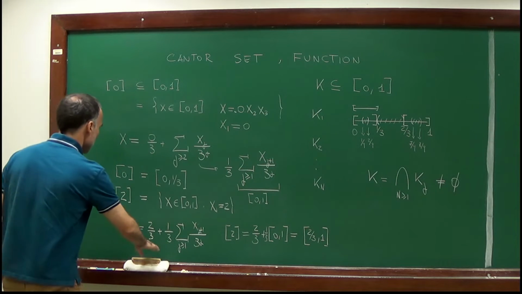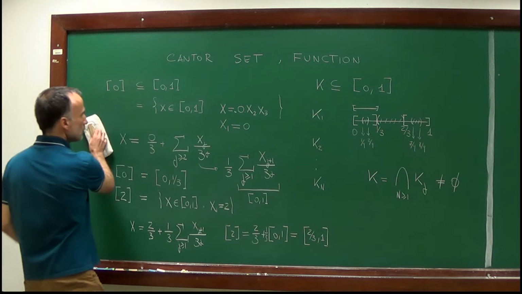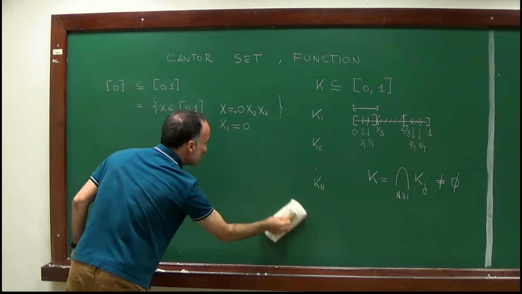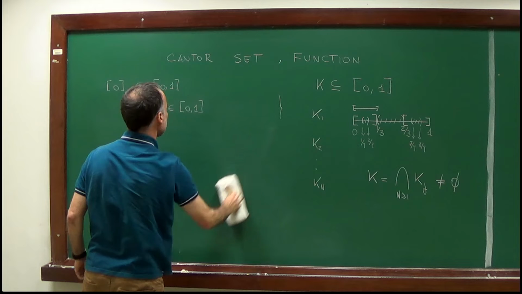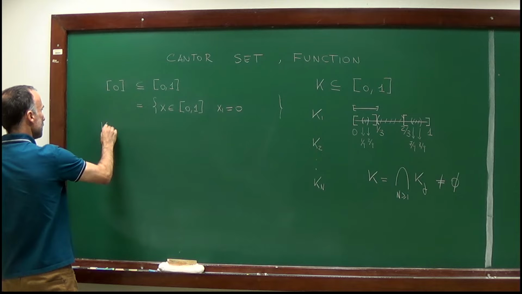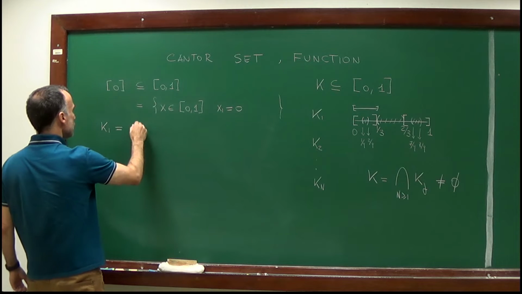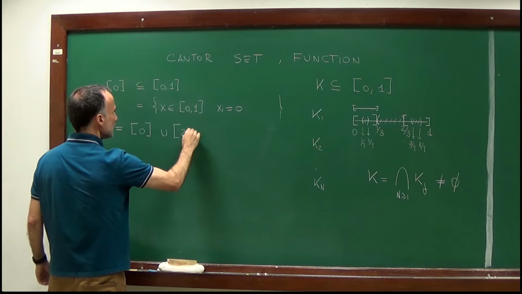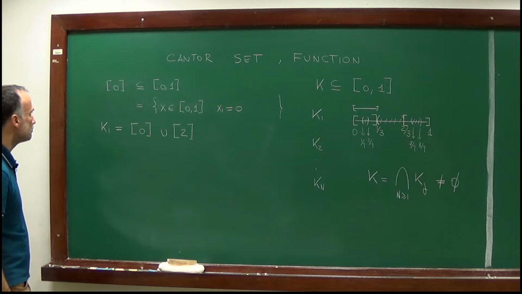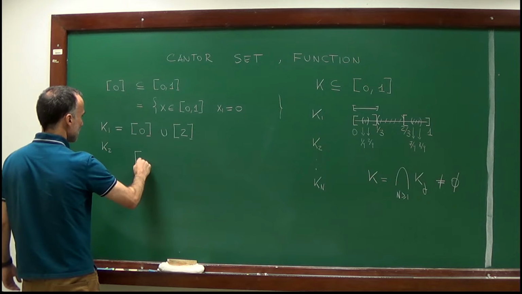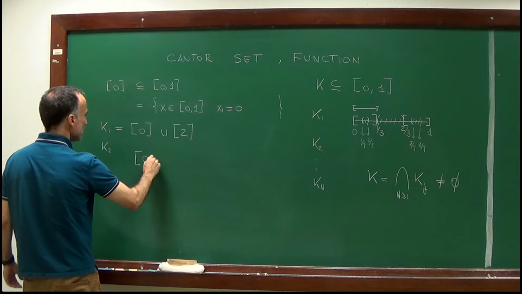So my set K1 is equal to the interval bracket 0 union the interval bracket 2. In order to define K2, let me introduce bracket a1, a2.